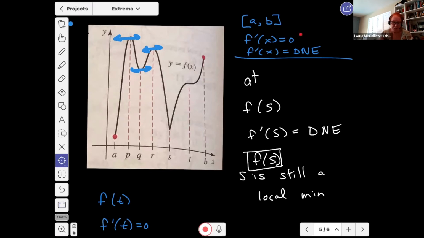So let me say that one more time. At these three places, at the endpoints of the interval, being, in this case, A and B, A would be considered an absolute max, absolute min over here. B, even though relative to everything in this portion of the graph it is lower, is not considered a local max because it is the endpoint of the interval.